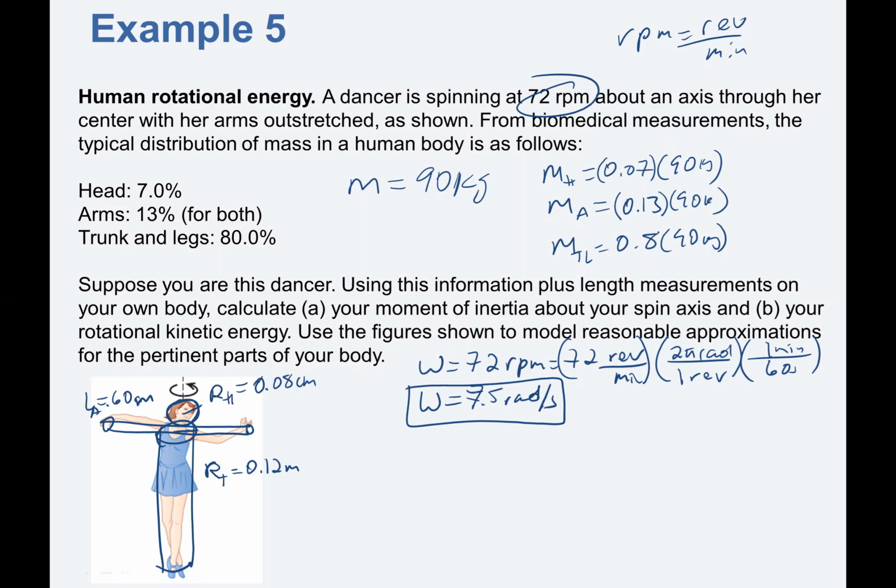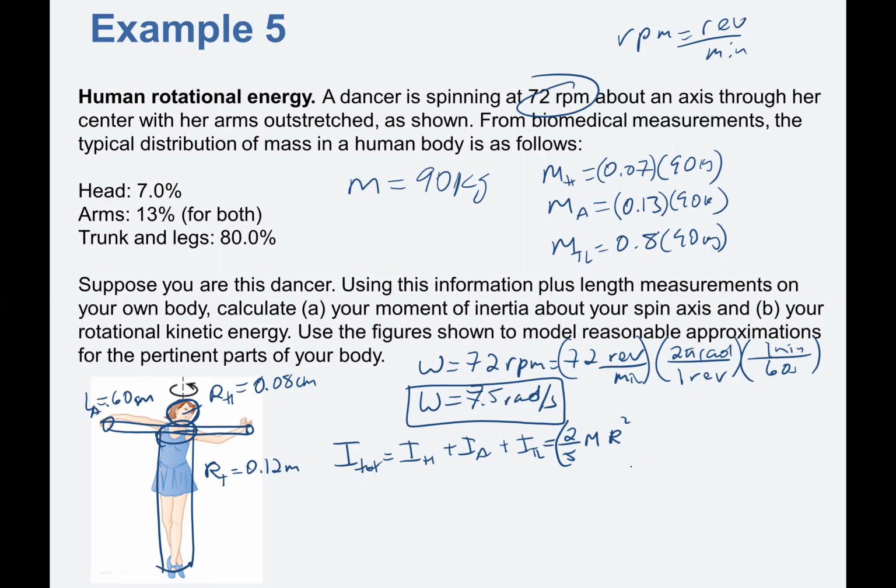All right. Then I calculate the moment of inertia. So the total moment of inertia is the moment of inertia of the head plus the moment of inertia of the arms plus the moment of inertia of the trunk and legs. Think like this. So the moment of inertia of the head: we said the head is a sphere, and a sphere, remember, is 2/5 its mass times radius squared.